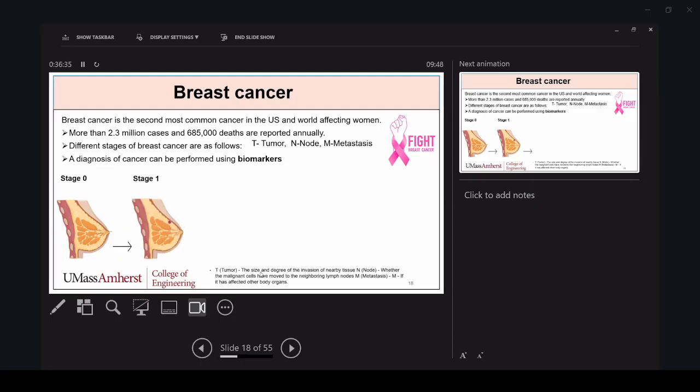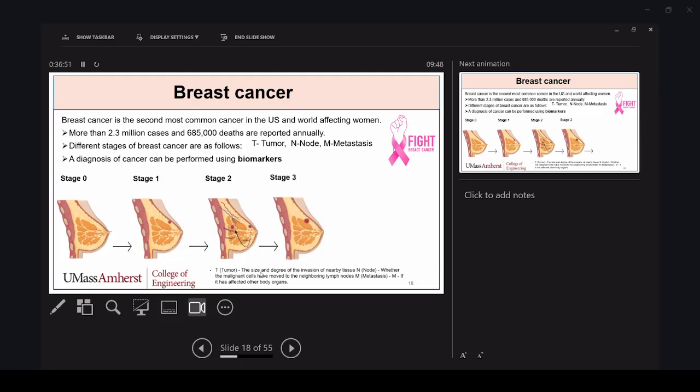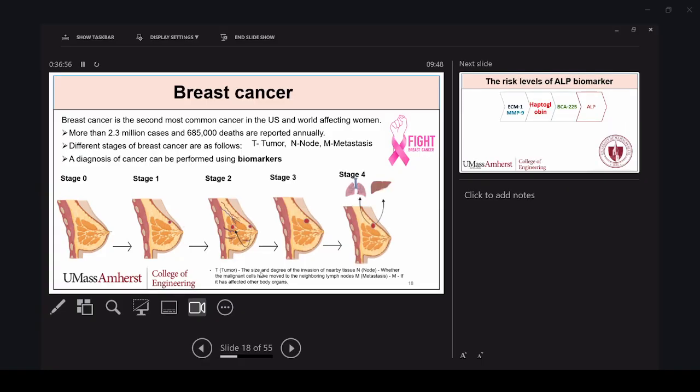In the first stage there is no formation of a tumor; a tumor, as I said, is a massive formation of abnormal cells. Then it slowly affects surrounding tissues. In stages 2 and 3, it starts to migrate and metastasize, and in stage 4 it travels completely to other organs of the body.